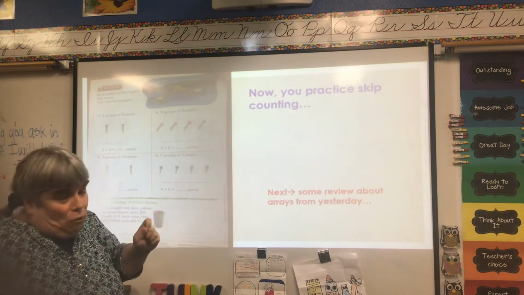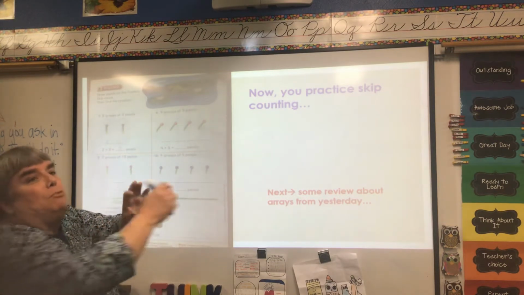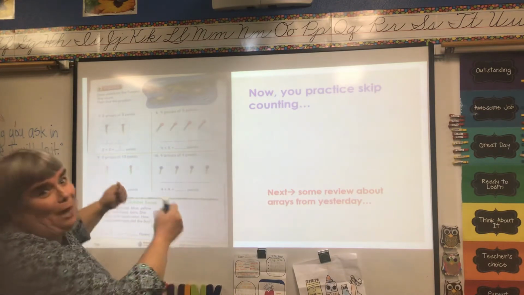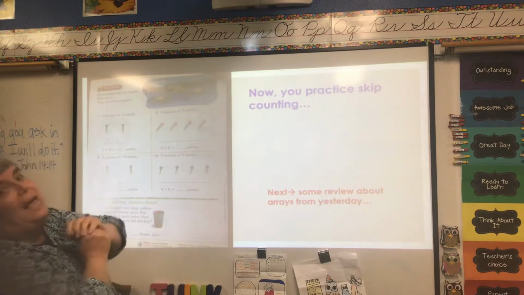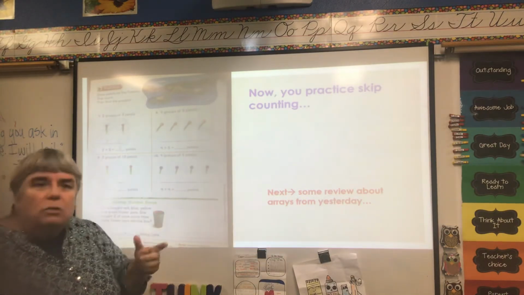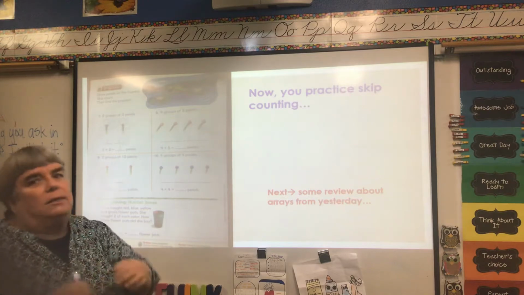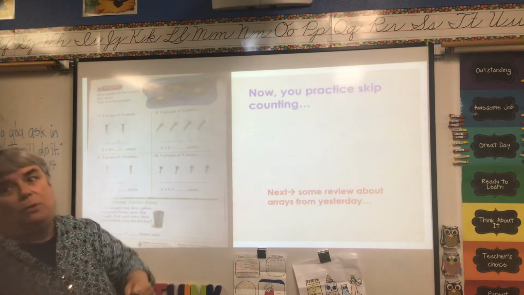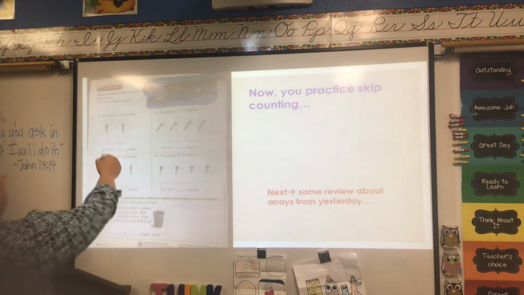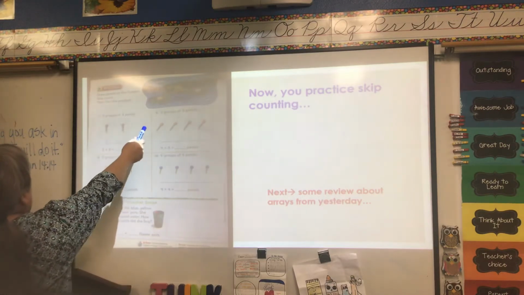My little trick for remembering is the product is made at the factory. So the factors get multiplied and they produce a product. Those factors and products come up a lot in the upper grades, so you need to know those now. Okay, so find the product.